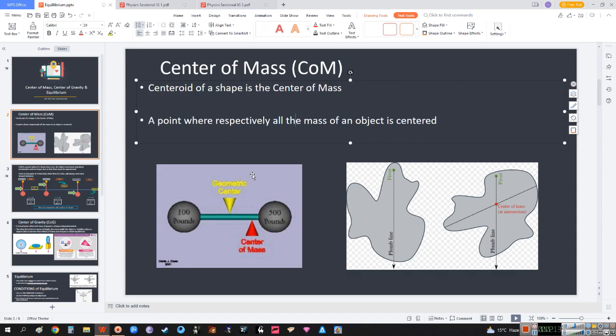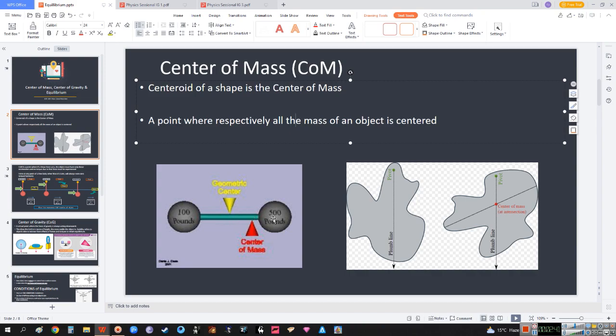So let's look at this diagram to the left. We see that we have a geometrical symmetry, right? These two objects, this dumbbell looks to be the same. It's symmetrical, but if you can see, it's 100 pounds on the left and 500 pounds on the right. That means on the right the mass is a lot more than on the left, while the geometric center is supposed to be this middle point, right?